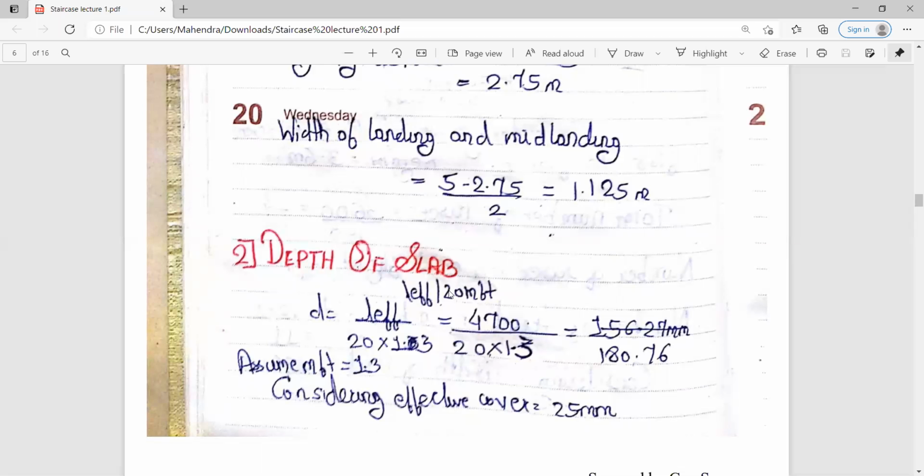But if the slab is one end continuous, you have the formula L by 24 MFT. You can note it down. For a simply supported slab, the formula to calculate D is L effective by 20 MFT, and for one end continuous slab, it is L by 24 MFT.